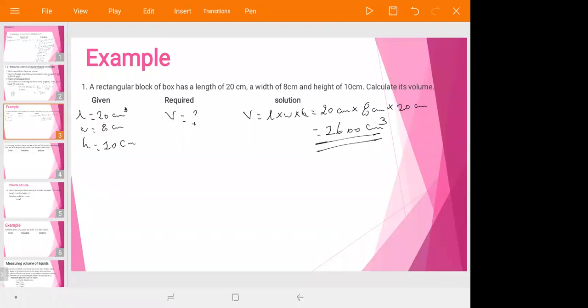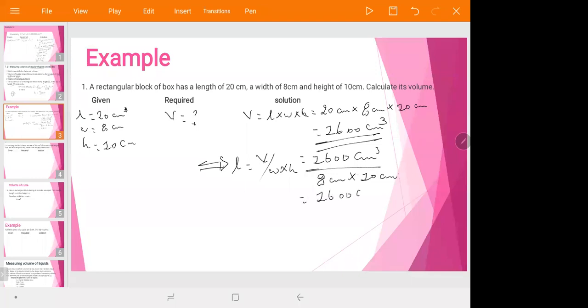From this, for example, you can check the length. The length must be how many? From this, length is equal to volume divided by width times height. Let us see. 1,600 centimeter cube divided by, what is your width? 8 centimeter times 10 centimeter. When you multiply, what will you get? 1,600 centimeter cube divided by 80 centimeter square.